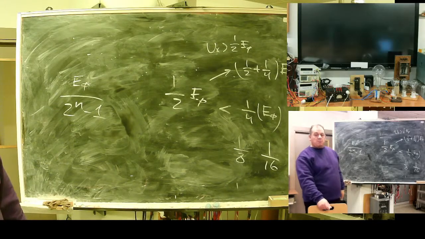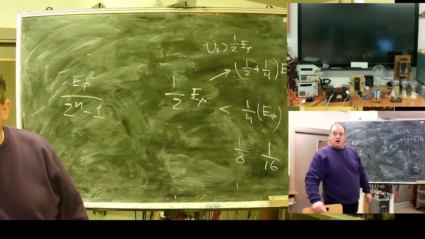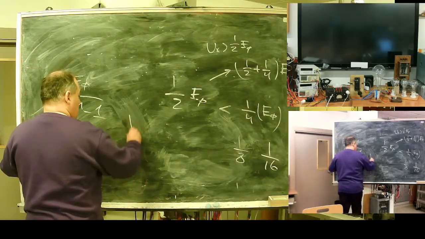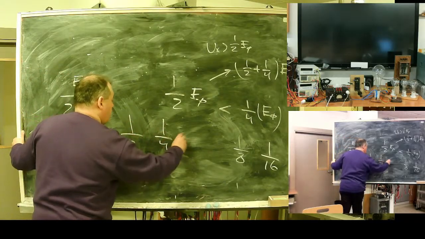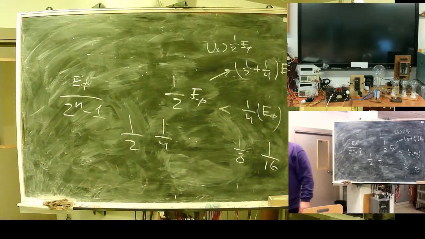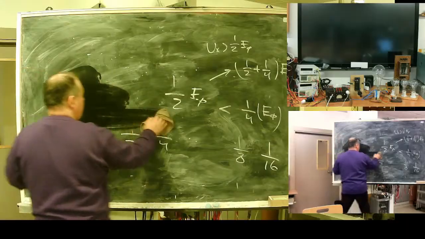This way it's much faster. The row 1/2, 1/4, and so on converges in a quadratic manner. This way is better.